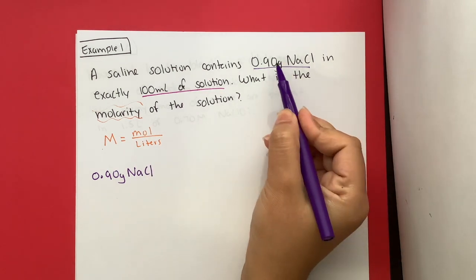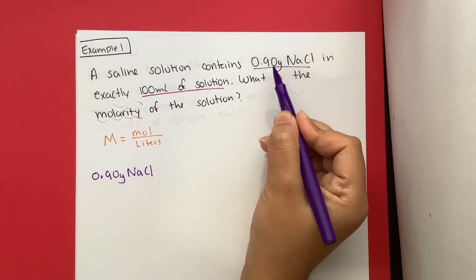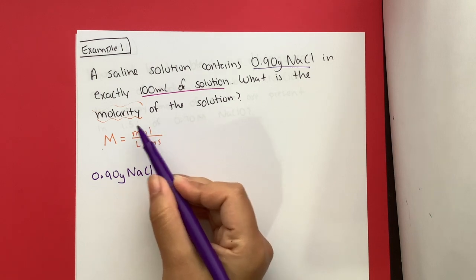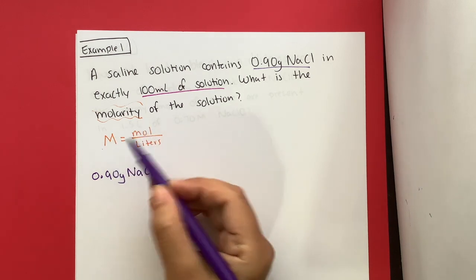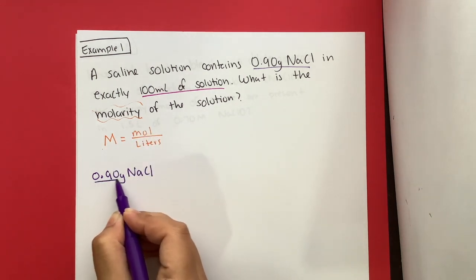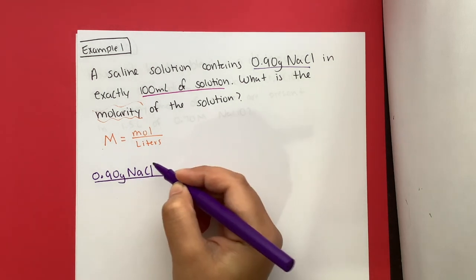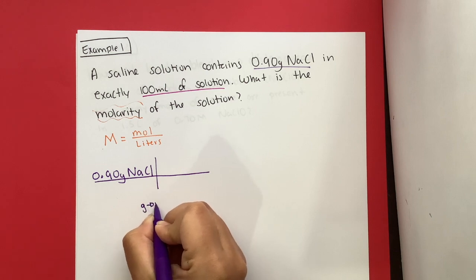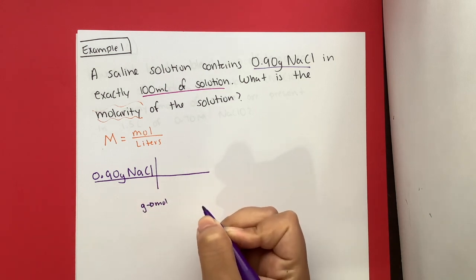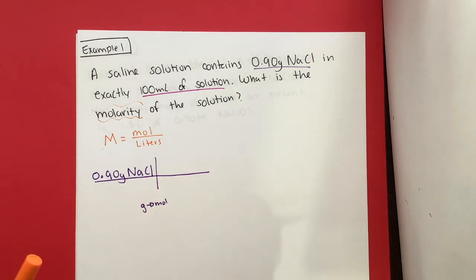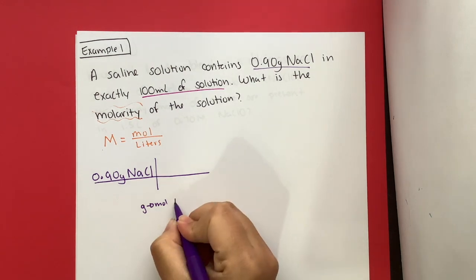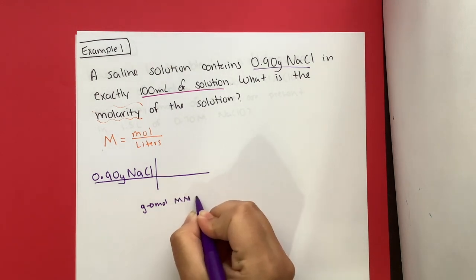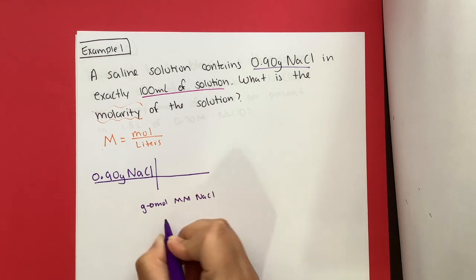The first thing we need to do is turn these grams into moles so that we can plug it into the molarity formula. And the way we do this is by doing stoichiometry. So we need to go from grams to moles, and remember that we do that by using the molar mass. So we need to find the molar mass of NaCl.